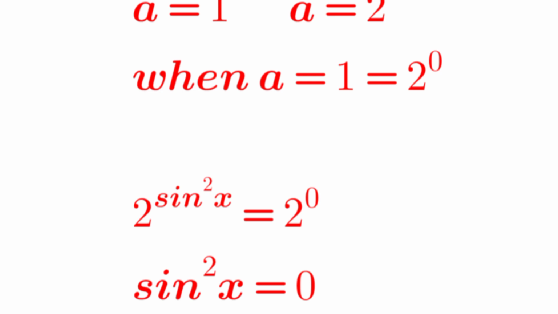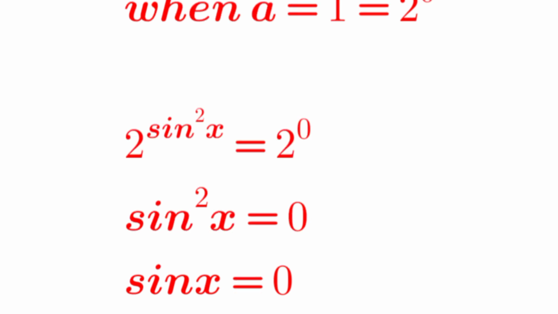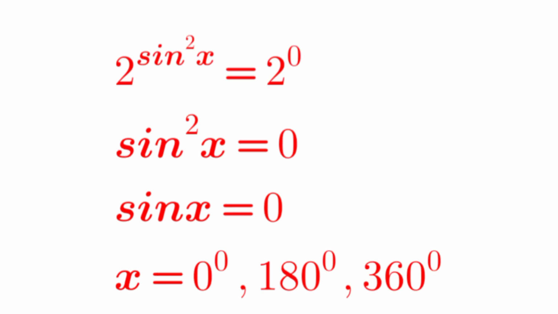Now to get rid of the square, we are going to square root both sides. The square root of 0 is still 0, so we are left with sine x is equal to 0. When you solve this, you see that the values of x are 0 degrees, 180 degrees and 360 degrees.